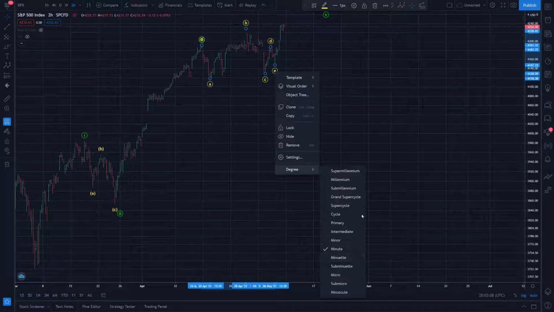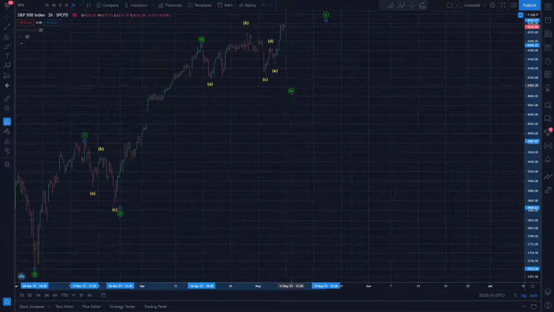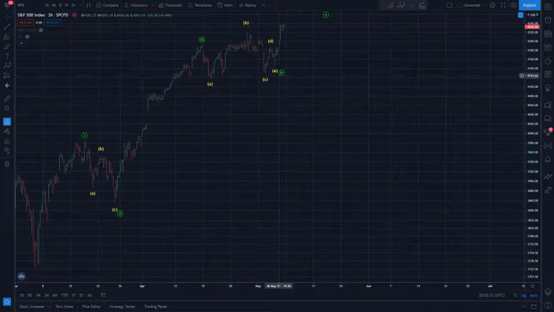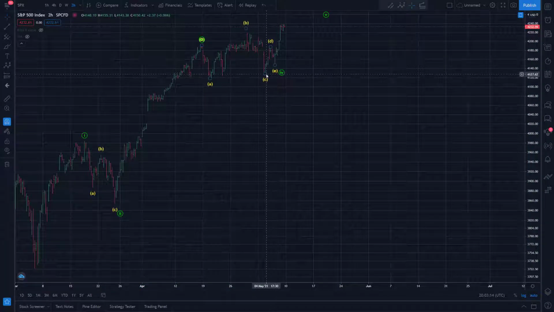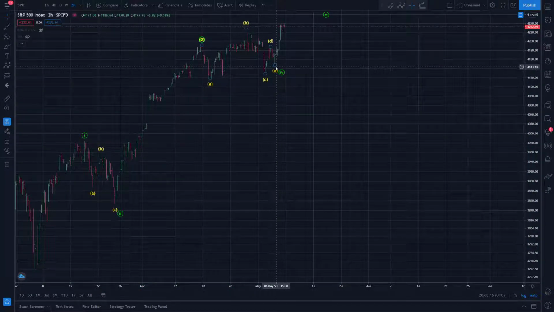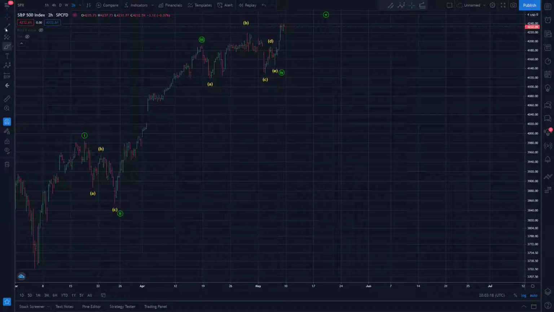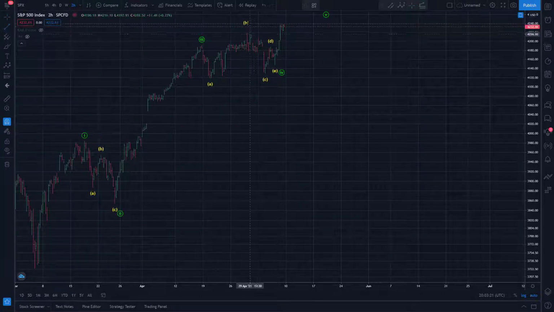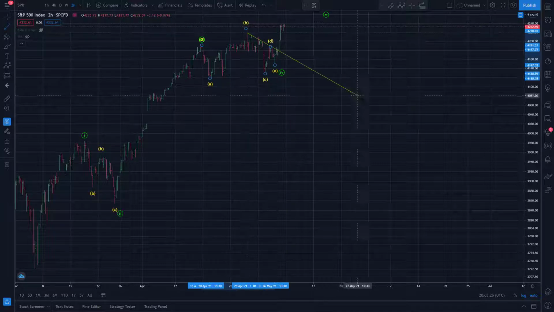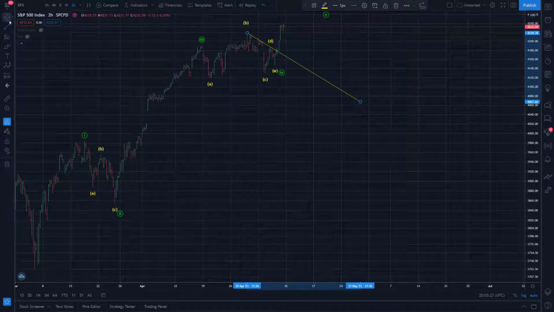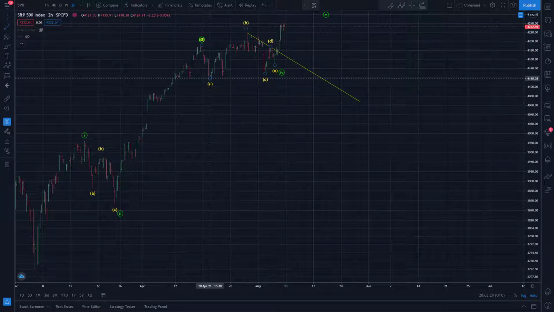Let me just get that degree down where I want it. In that case, we would anchor our wave 4 low instead of at this pivot here, just over here, not a huge difference. And then, of course, you would have your triangle trend lines. You got the BD, and you'd have the AC.